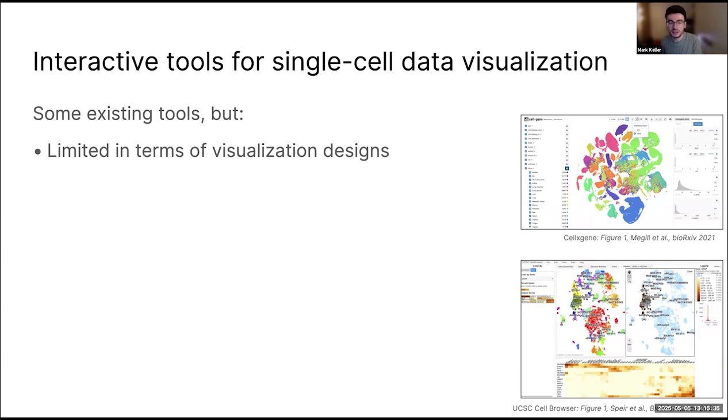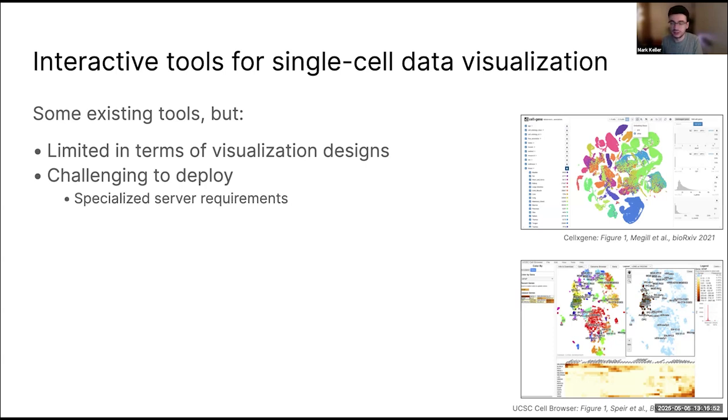But these tools are currently limited in terms of the visualization design. You can see these revolve primarily around scatter plots, or in the bottom case, there's also a heat map. And they can be challenging to deploy. Sometimes these require specialized server-side software or proprietary file formats that require some kind of data conversion.